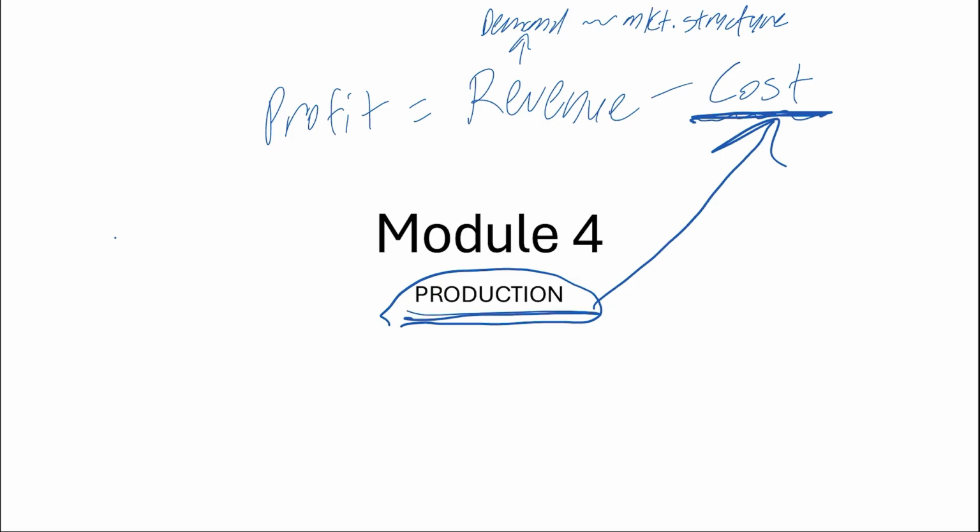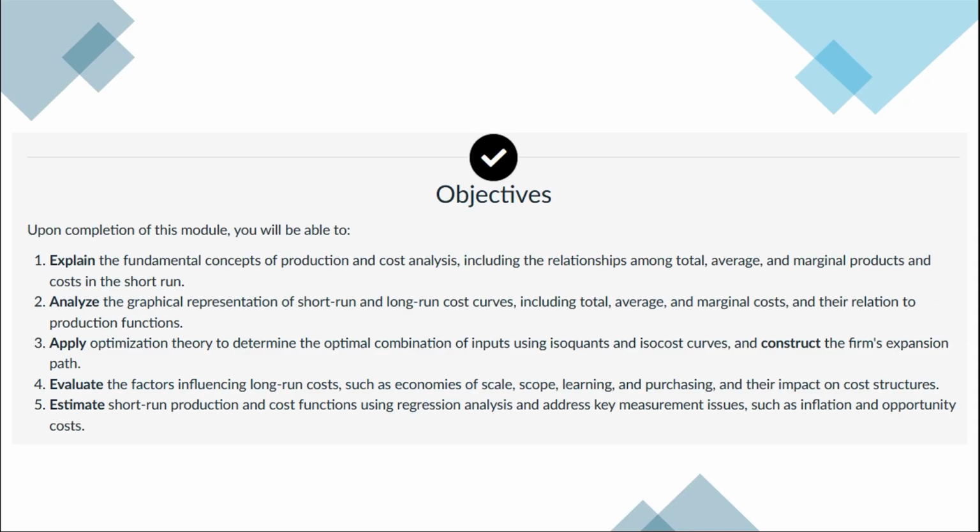But I'll have to say, understanding the cost side is going to be really important for trying to understand how to maximize profit with our resources in a business. So the goal this week is to understand and explain the fundamental concepts of production and cost analysis, both in the short run and in the long run. So we want to understand the production function.